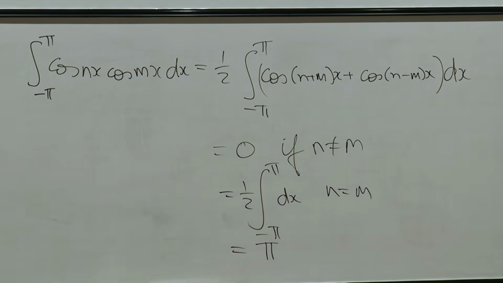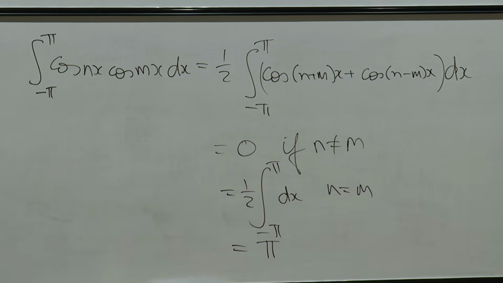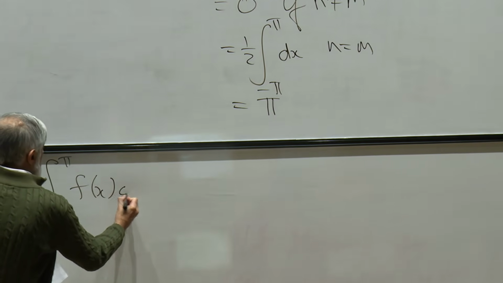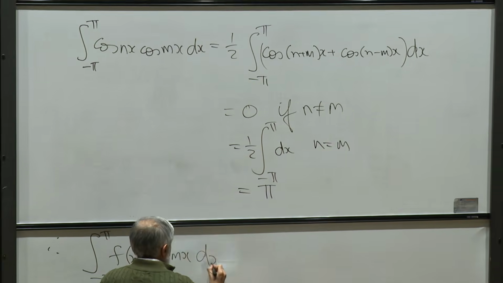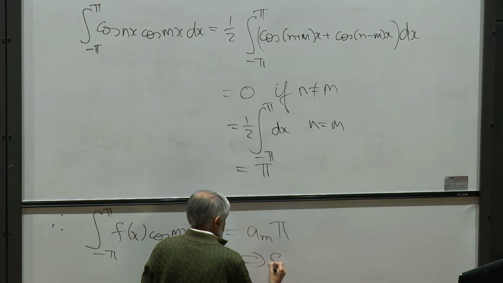So it means on the right-hand side of this infinite sum, every single term disappears except the am term. And so therefore we have the integral from minus pi to pi of f of x cos mx dx equals am pi, and that gets us am.